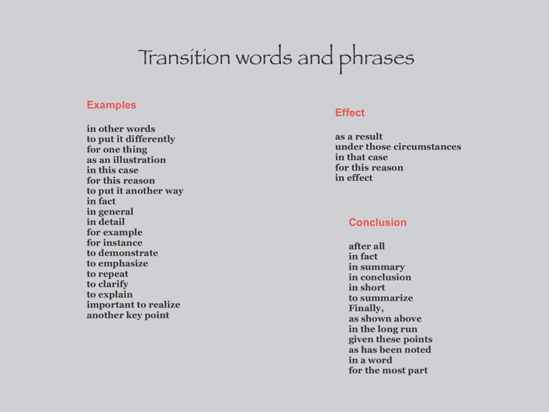And finally, I included some transitional words and phrases to use when you're beginning your conclusion, and here are some examples here. So I hope that these transitional words and phrases will help you as you write your paragraph. Please make sure you go back to the video and stop and write down some of these and use them throughout your paragraph. I'll be looking for them when you submit your paragraph.